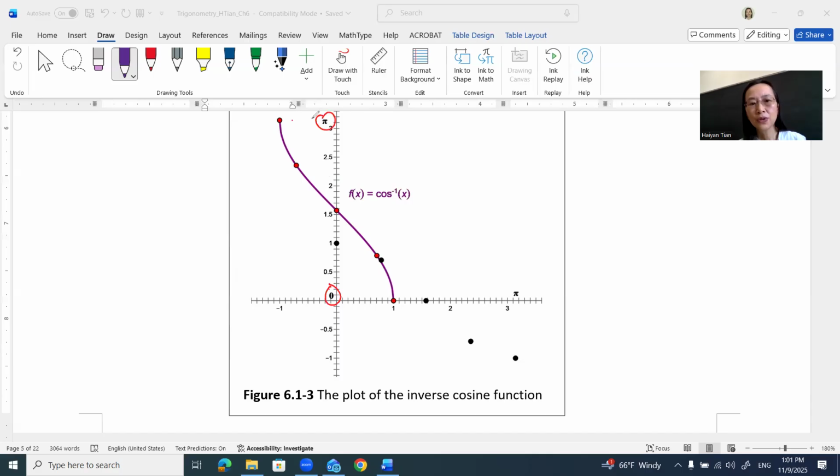So you see the possible function values are from 0 to pi, which is the domain of the cosine function we took the inverse of. So now we see this picture for inverse cosine.